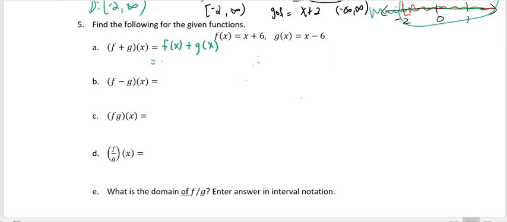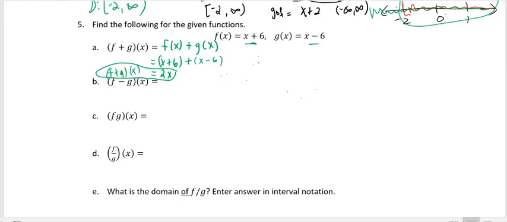F of x is x plus 6, that's what they tell me here, and g of x is x minus 6. Gather your like terms. We have an x plus an x is a 2x, and a 6 minus 6 is a 0, right? So my answer is 2x.